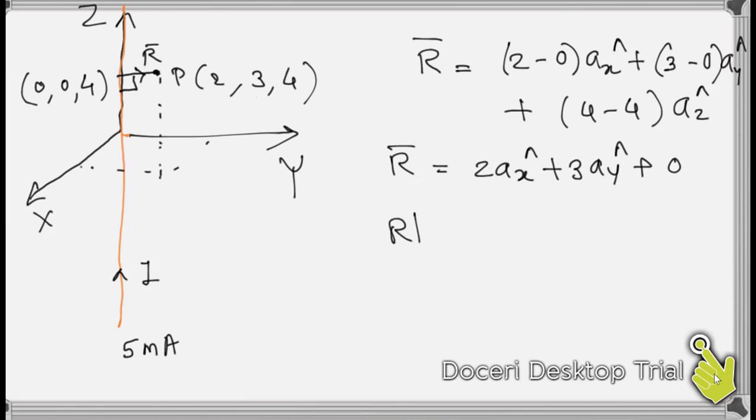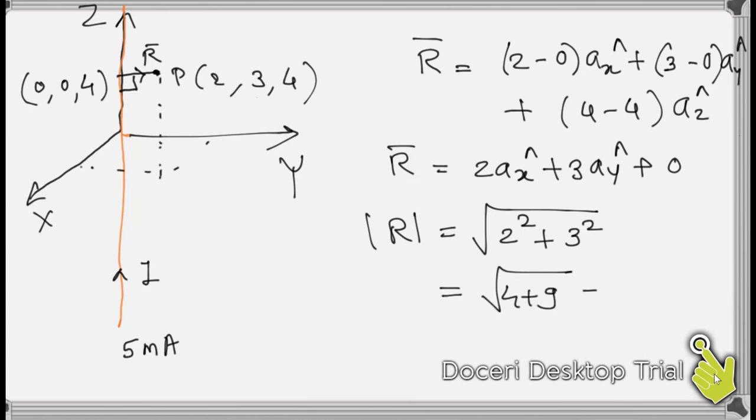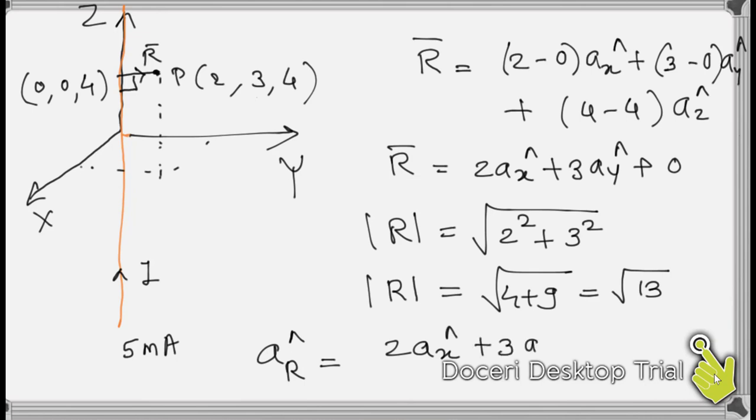So the magnitude of R is equal to square root of 2 squared plus 3 squared, that is 4 plus 9, which is square root of 13. This is the magnitude of R. Now we want the unit vector aR cap, which is the vector divided by its magnitude, that is square root of 13.